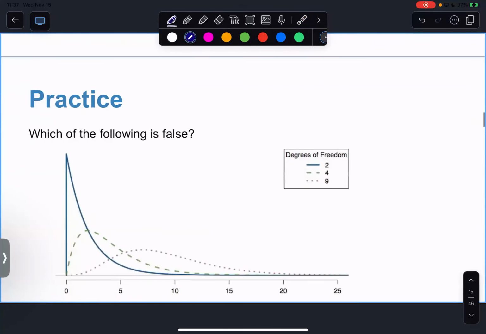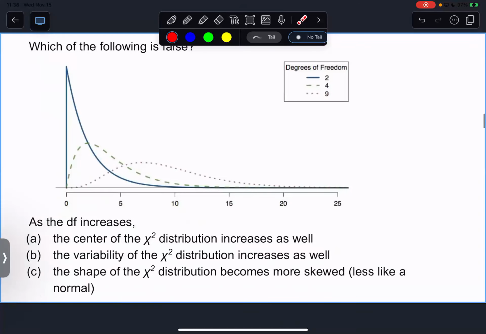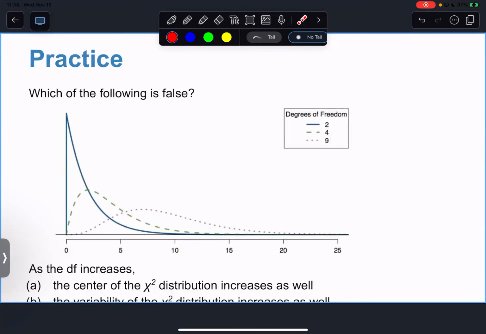How is that going to behave? This is way different than what we're used to seeing. We've got a chi-squared distribution with 2 degrees of freedom, 4 degrees of freedom, and 9 degrees of freedom. And they're going to look quite different from each other.